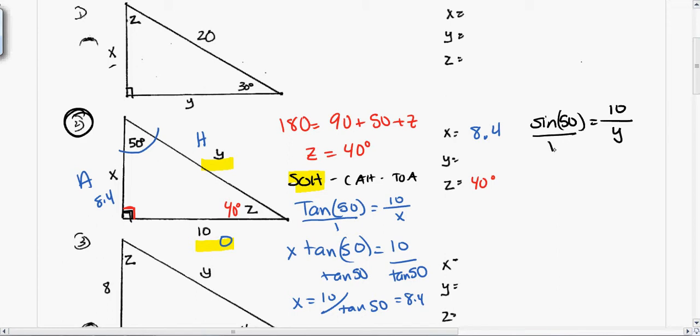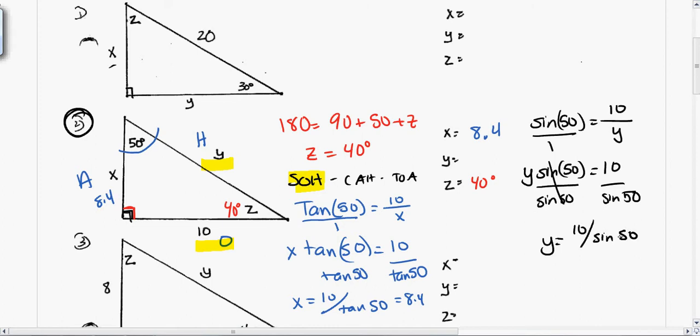Same process, I'm going to cross multiply. Y times the sine of 50 equals 10 times 1, or 10. Divide both sides by the sine of 50. And pop that into the calculator. 10 divided by the sine of angle 50 degrees.